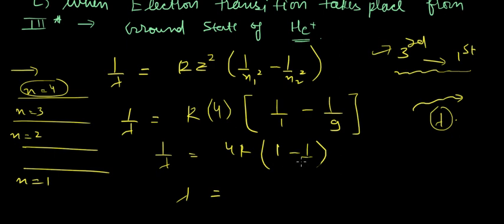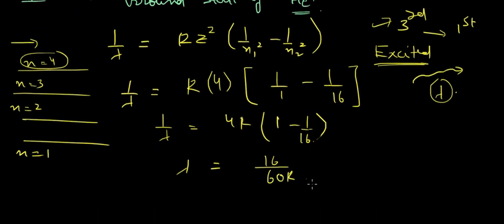Hence the value of n would be 4 because this is the third excited state, as n equals 1 is the ground state. So this would be 16 upon 60R. Okay, so this is the answer for the question.